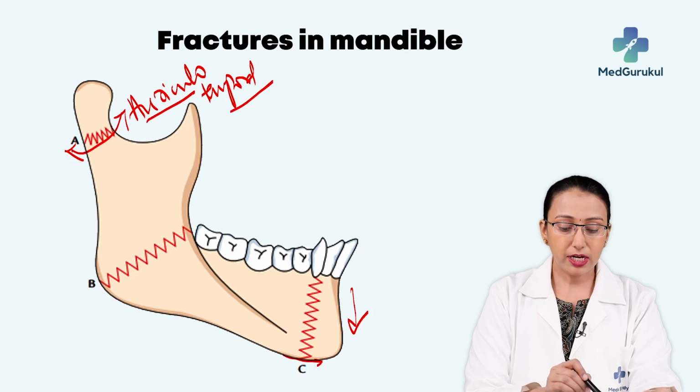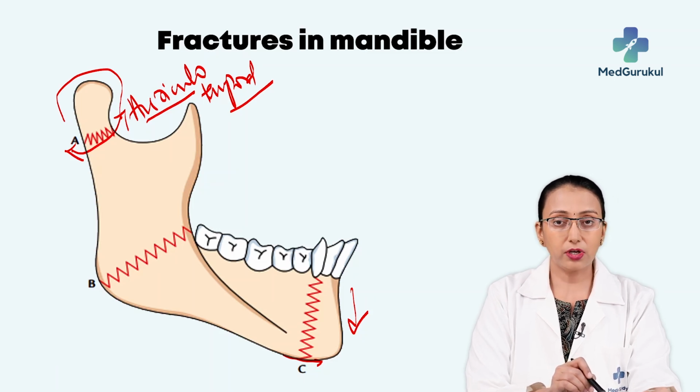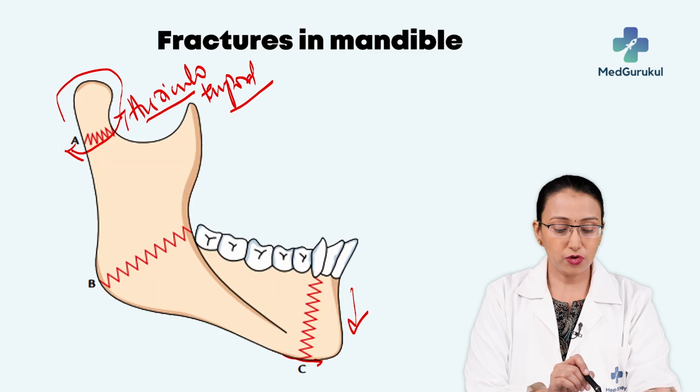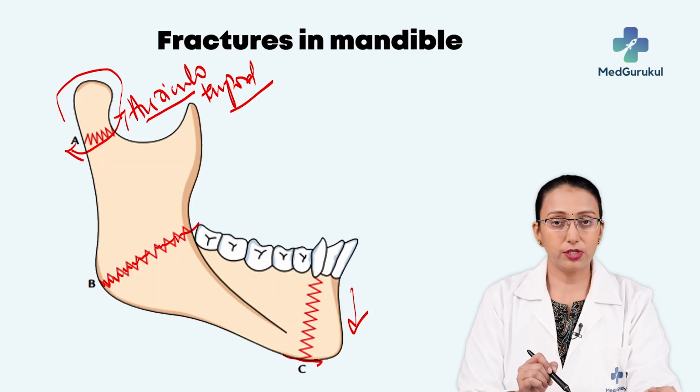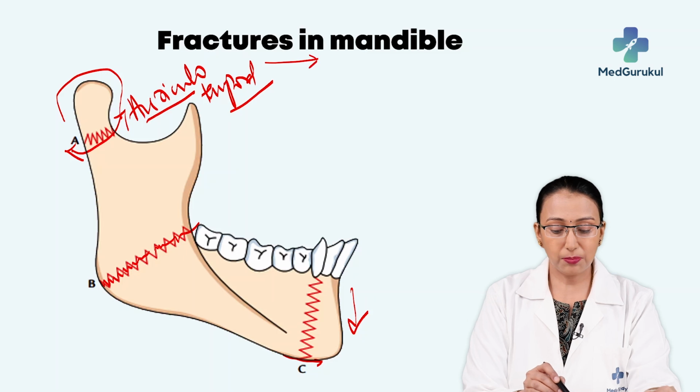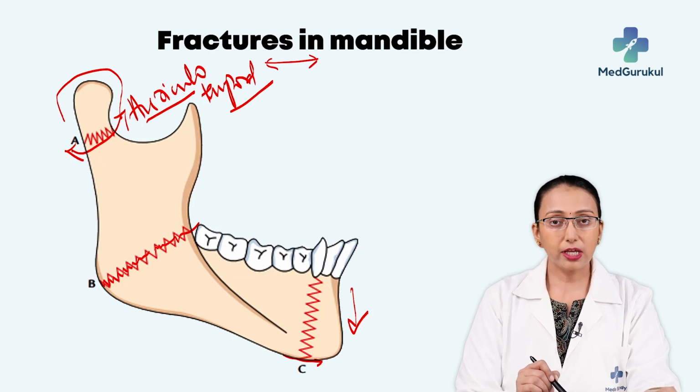If the neck has been fractured, it could also be dislocated from the TM joint, leading to dislocation of the TM joint. Then usually, last, is the angle of the mandible. These are the three points where fractures usually take place. It could be one at a time or more than one at a time.